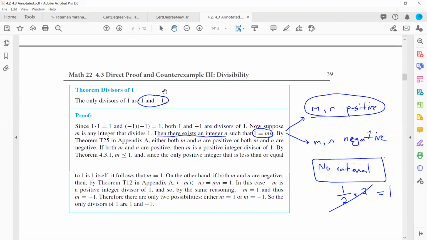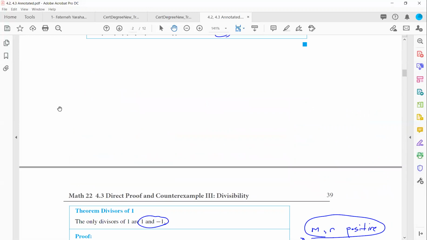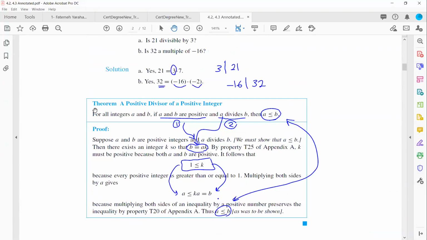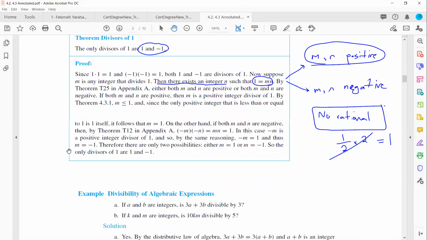Since m is a divisor of 1, by using the previous theorem, m must be less than or equal to 1. m is a positive integer and m is less than or equal to 1, so there is no other choice than m being equal to 1.